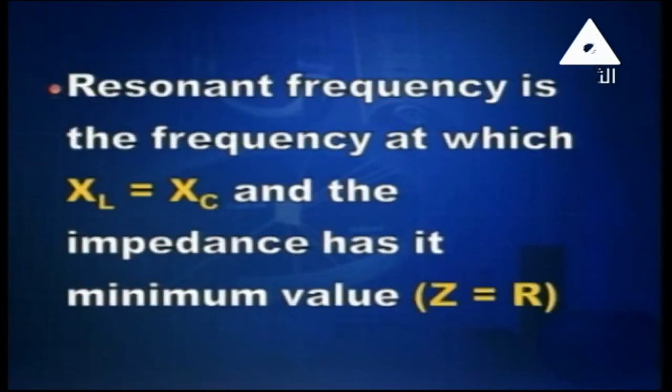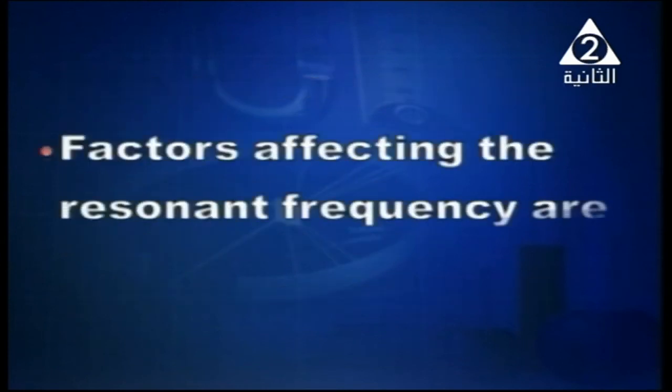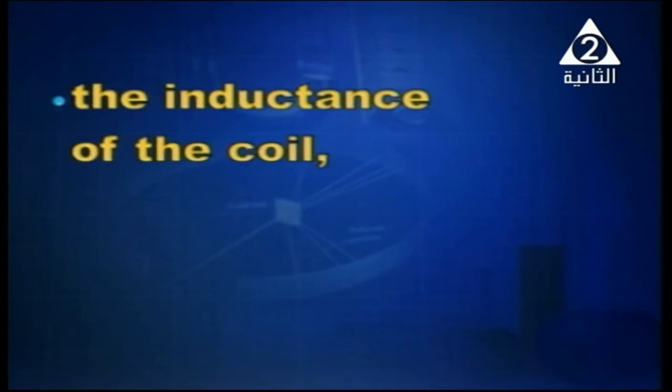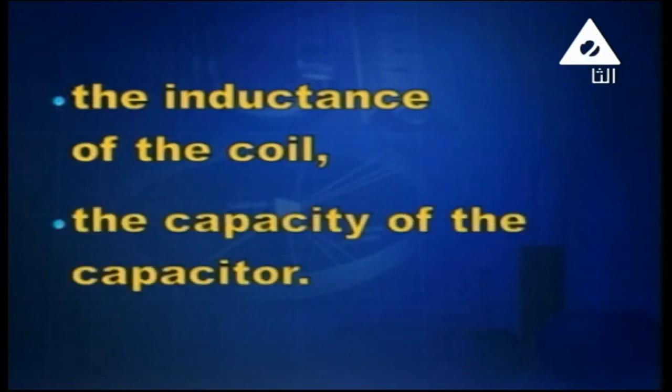There is something very important. Resonant frequency is the frequency at which XL is equal to XC, and impedance is minimum and equal to just the ohmic resistance. So the factors affecting resonant frequency are the inductance of the coil and the capacity of the capacitor.